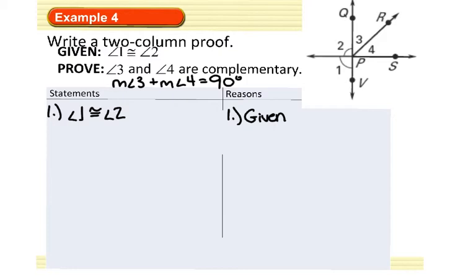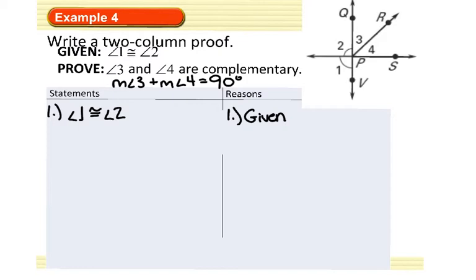Now, if we know that angle 1 and angle 2 are congruent to each other, and they are a linear pair, remember, 3.8 told us that if two lines intersect to form a linear pair of congruent angles, which this is, they are perpendicular.